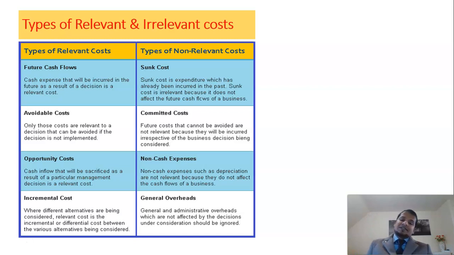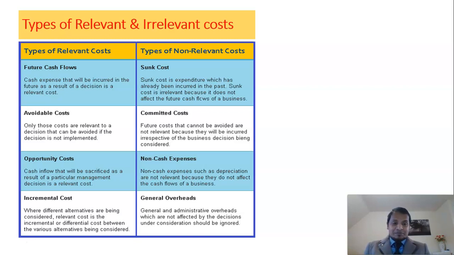Non-cash expenses are usually irrelevant, such as depreciation cost, because they do not impact your future cash flows. Incremental cost: because of making a decision, if your cost increases or decreases, it is a relevant cost.